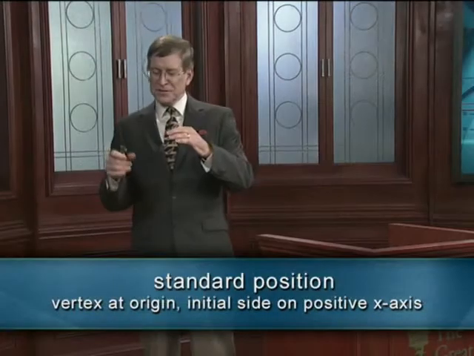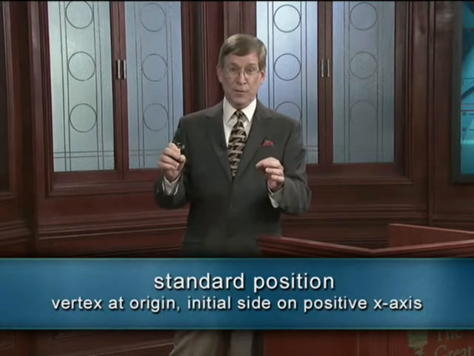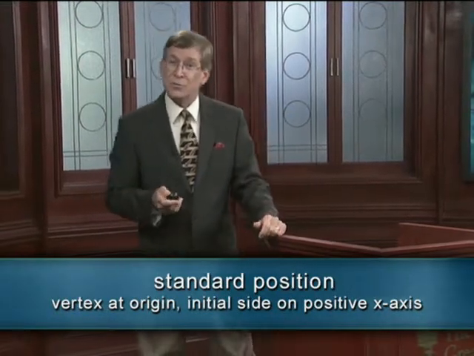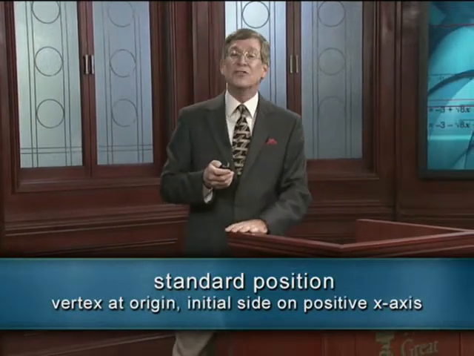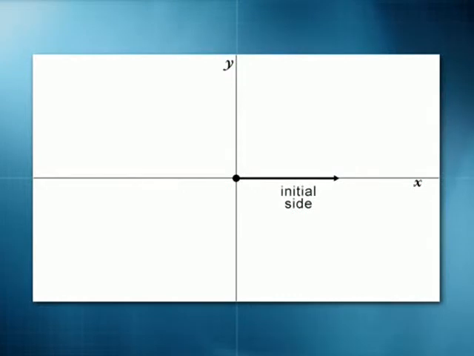Now, if this angle is positioned such that the vertex is at the origin, and the initial side is on the positive x-axis, we say that the angle is in standard position. So here's an example of an angle in standard position. If it's counterclockwise motion, then we say it's a positive angle.